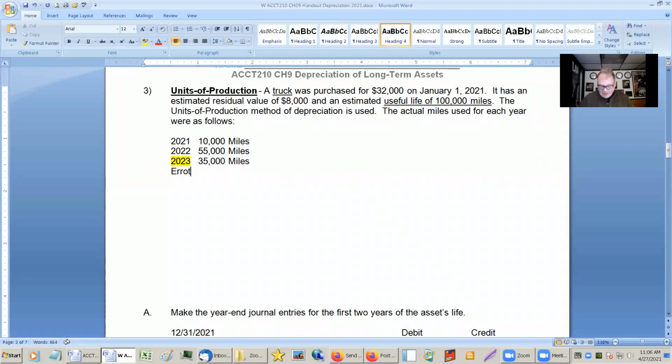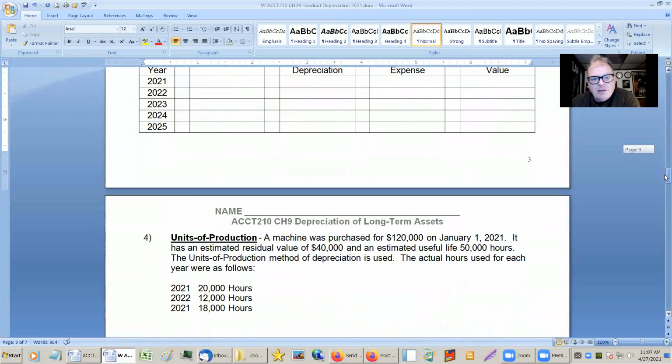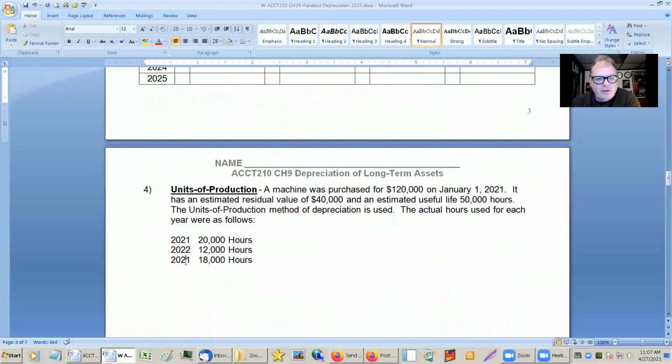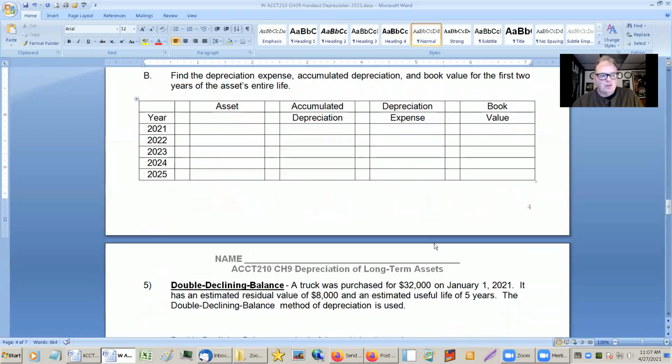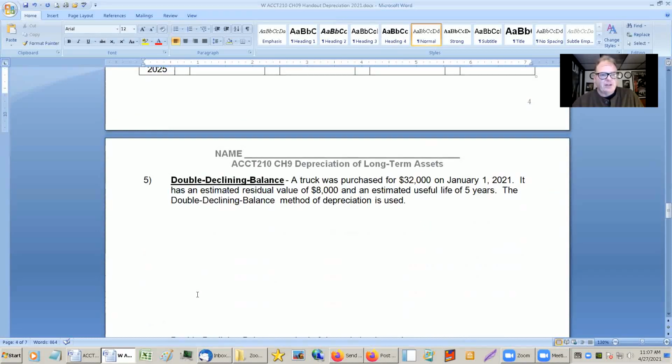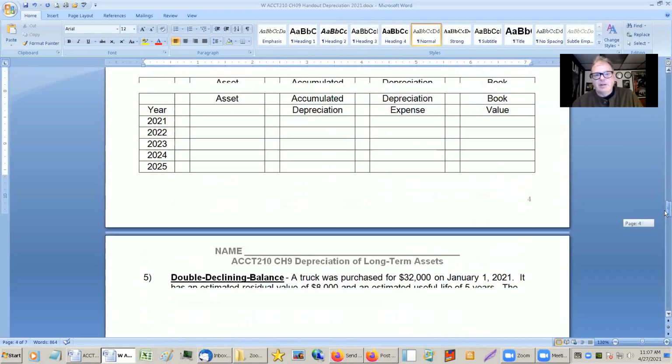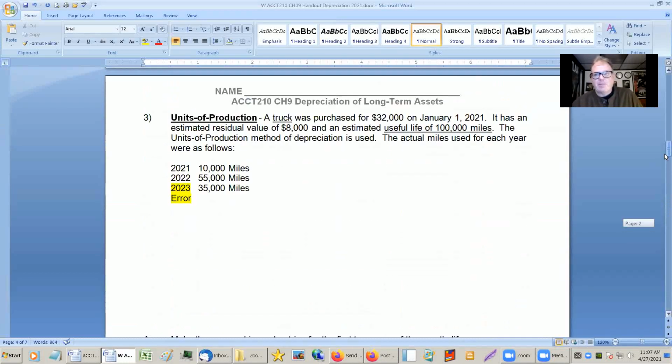Oops, I made an error writing error. Make sure you change that to 2023. Did I do that on all these? I probably did. Well, we have a couple of corrections to make. I apologize for that.